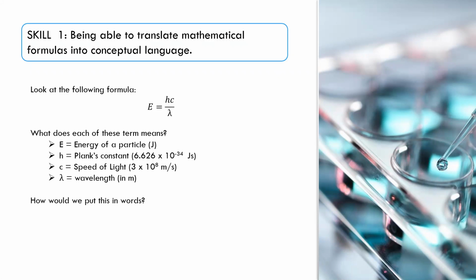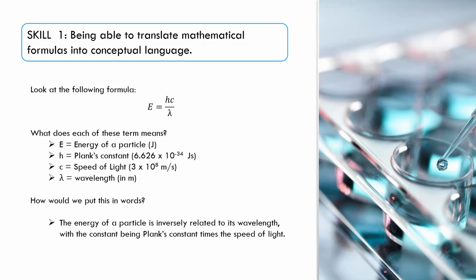So a good way we can put this into words is: the energy of a particle is inversely related to its wavelength, with the constant being Planck's constant times the speed of light. That basically means that if the energy of the particle goes down, then lambda, or the wavelength, will go up, and vice versa. In that way, you can understand the concept of how energy and wavelength are related to one another from the formula.